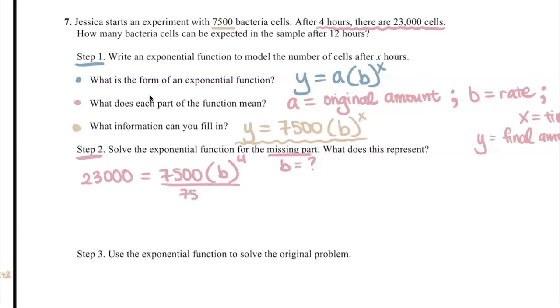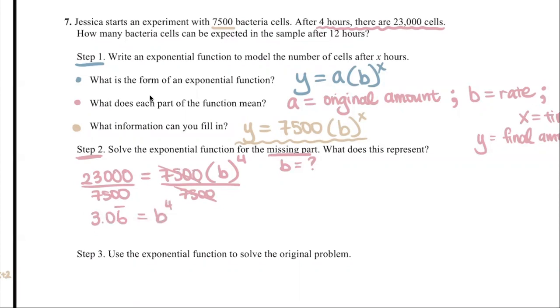So let's solve for B. I'm going to divide by 7,500. And yes, you can use calculators for this. Definitely. So I get 3.06 repeating, is equal to B to the fourth.